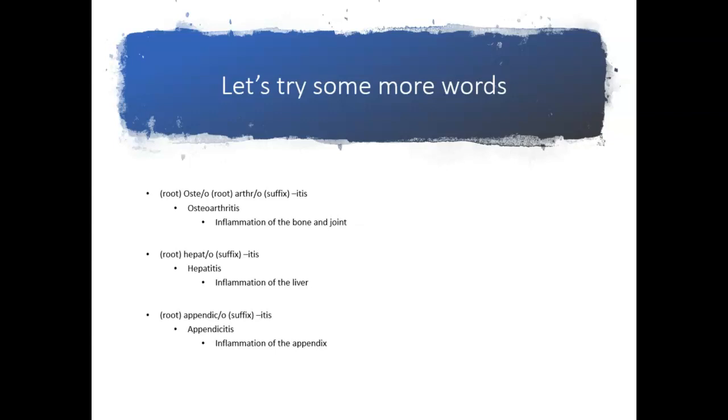Take that same suffix itis and attach the root word appendico, and we create appendicitis. Notice how we've dropped that combining vowel in both hepatitis and appendicitis. And the reason is because our suffix itis begins with a vowel.